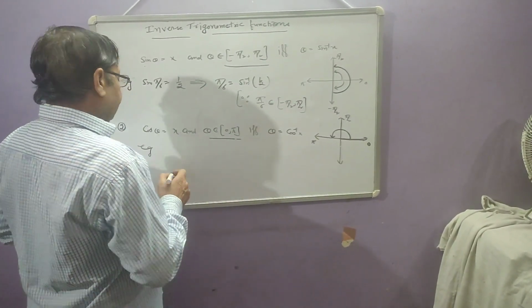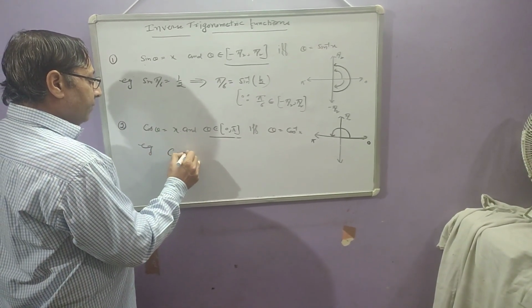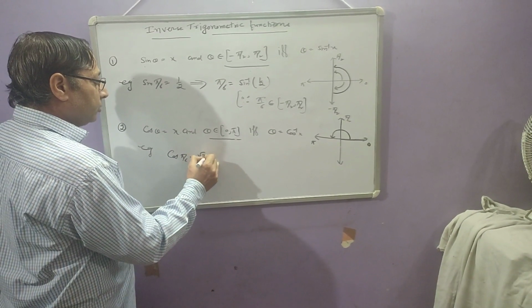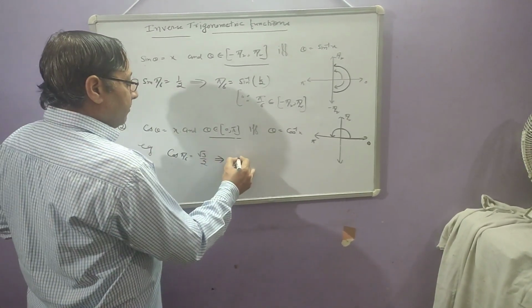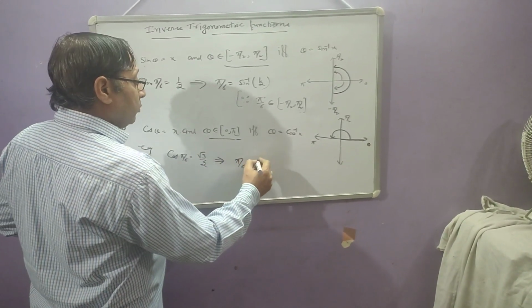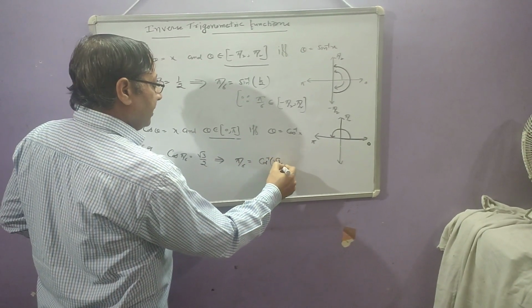And once again look at the example. Cosine of pi by 6 is equal to root 3 by 2. So it implies the angle pi by 6 is equal to cosine inverse of root 3 by 2.